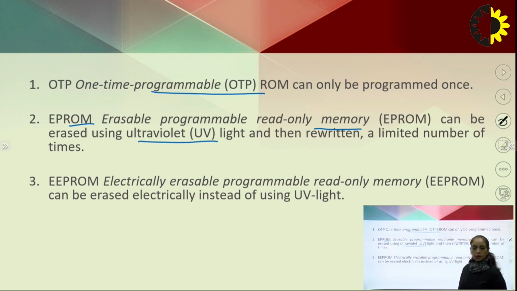There is a small window over the ROM IC, and over that window we pass the UV light. With the help of that UV light, your data can be erased and we can reprogram that IC. This type of IC has a limited number of erasing cycles; how many times you can erase the data is limited.